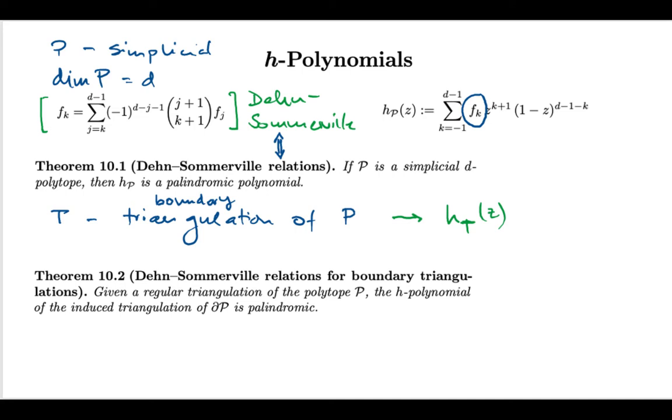The h-polynomial of a boundary triangulation is palindromic. We're stating this theorem here for the following construction. You start with a regular triangulation. We introduced those in chapter 3. And then restrict yourself to the boundary, which gives you a boundary triangulation. And then compute the h-polynomial, and this polynomial will be palindromic.